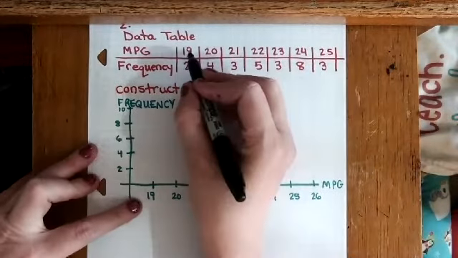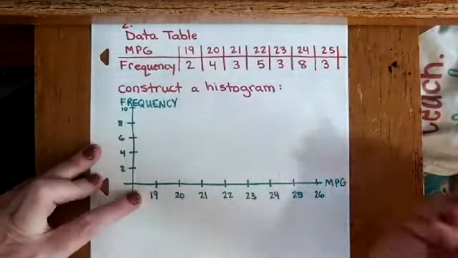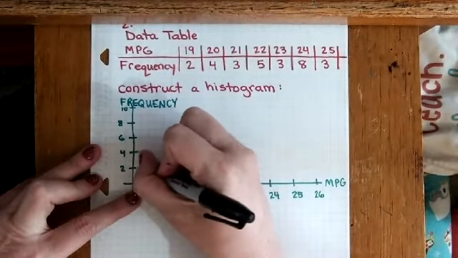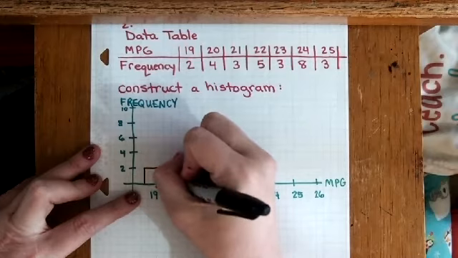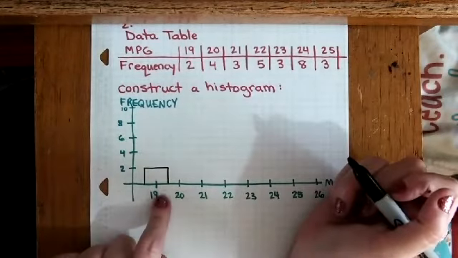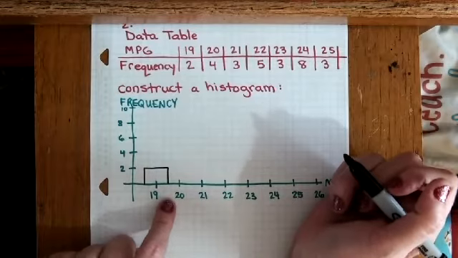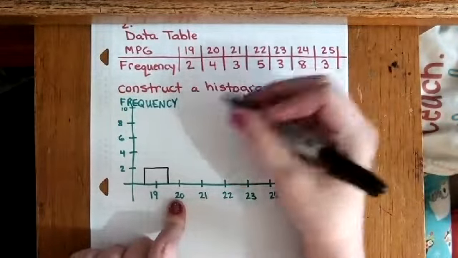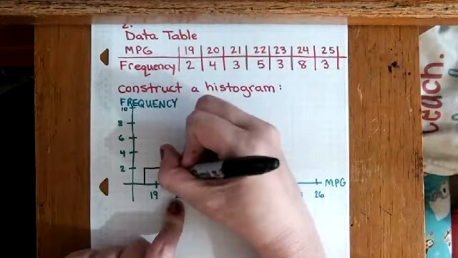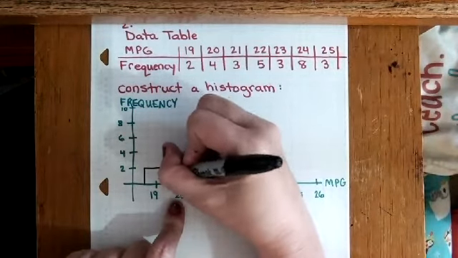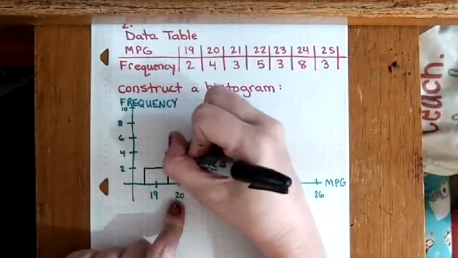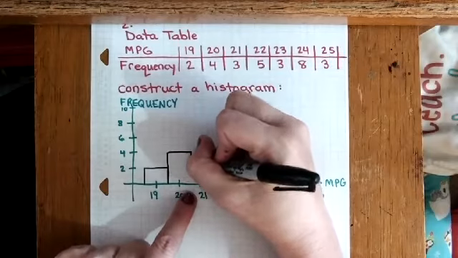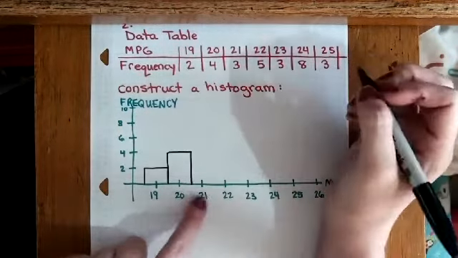So the 19 goes to the height of 2, and we'll go all the way to the middle of the space between the 19 and the 20. At the 20, our bar is going to go up to the 4, with the edge starting where the bar for the 19 stopped, and then going all the way to the middle space between the 20 and the 21.